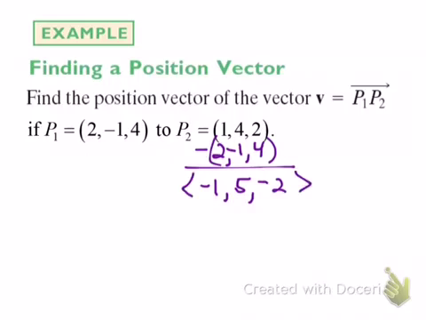And so that's what it looks like if we're putting it in the vector form, but they probably want it in this form with the decomposition. So -i plus 5j minus 2k. And there it is in that form.